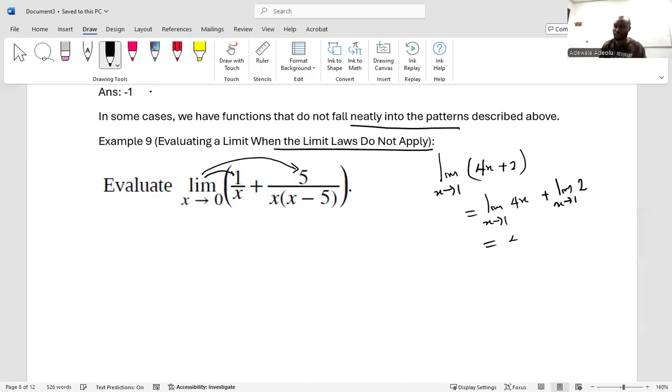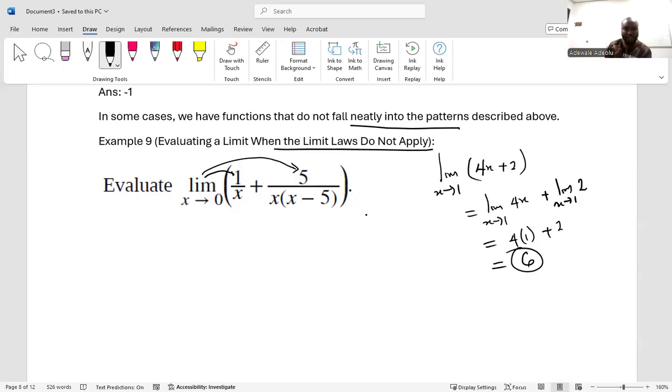And I will say this is 4 times 1 plus 2. And this is 6. But in this case, can we do that? Let us see. It turns out that no.